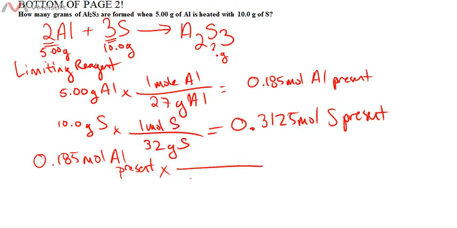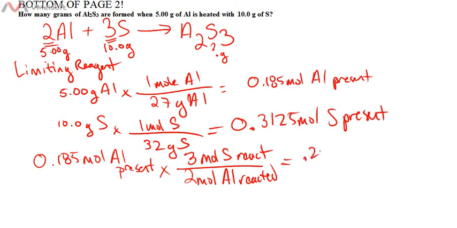We know that the relationship is that for every 2 moles of aluminum reacted, 3 moles of sulfur react. So let's determine how many moles of sulfur it would take to fully react with 0.185 moles of aluminum.